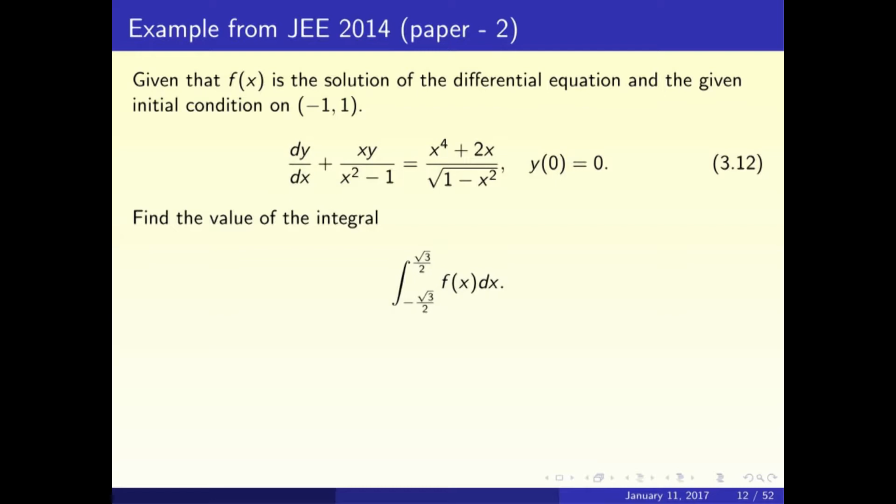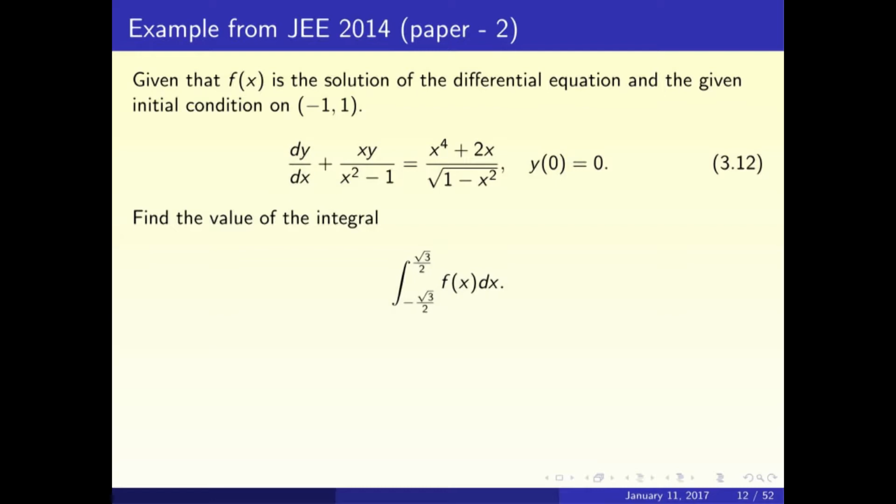Again, 3.12 is a linear differential equation. What is the p of x? P of x is x upon x squared minus 1. Remember that in some situations, your linear differential equation will not be given in the form 3.12. What they would give you is an equation multiplied by x squared minus 1.